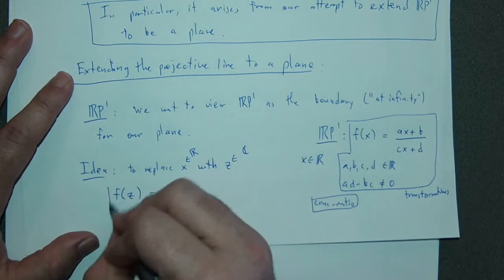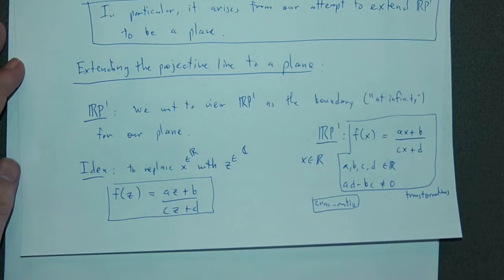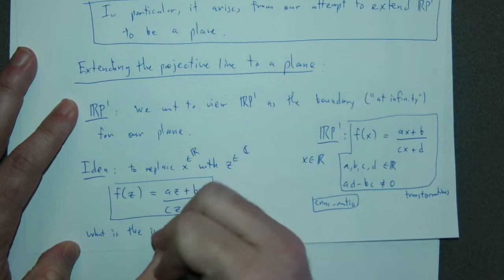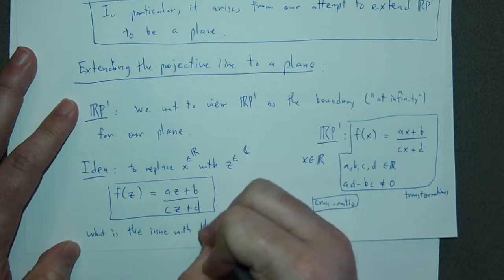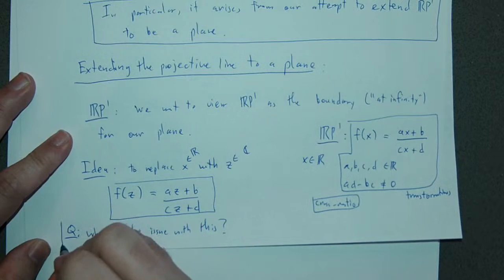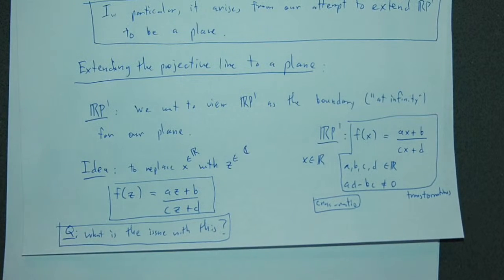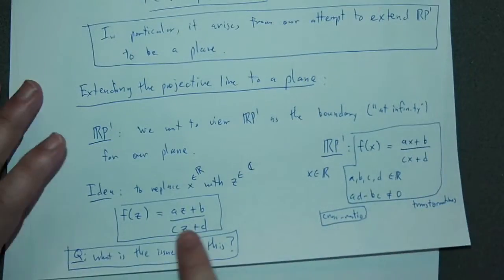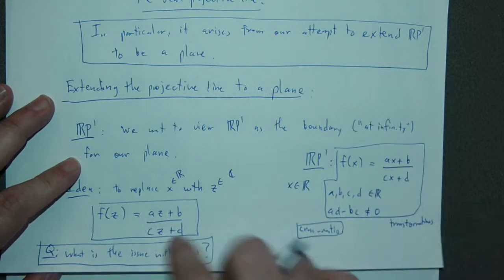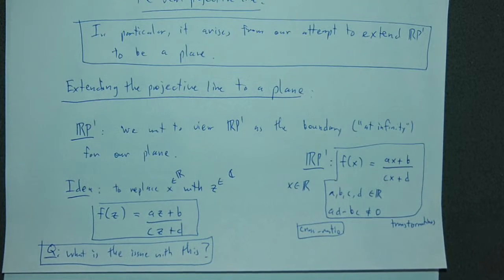Now, what's the issue with this? What is the problem with this? I'm not going to write the answer, I'm just going to say what the problem is. The problem is that if I just swap out x for a complex variable z here, the issue becomes exactly what I was talking about before.